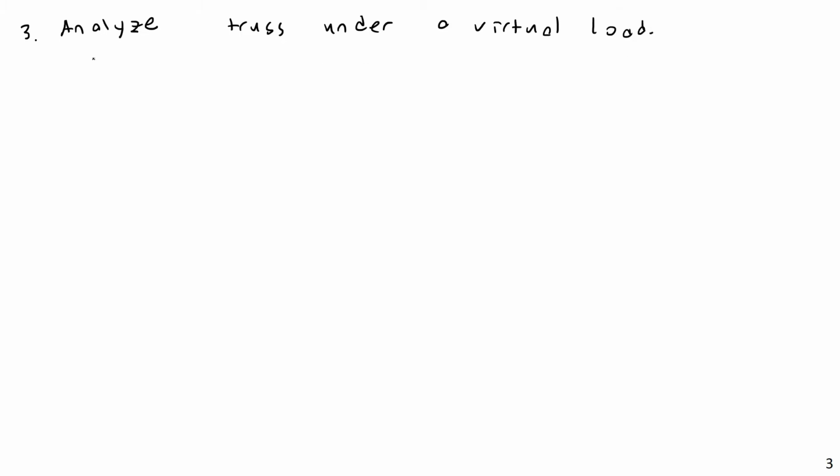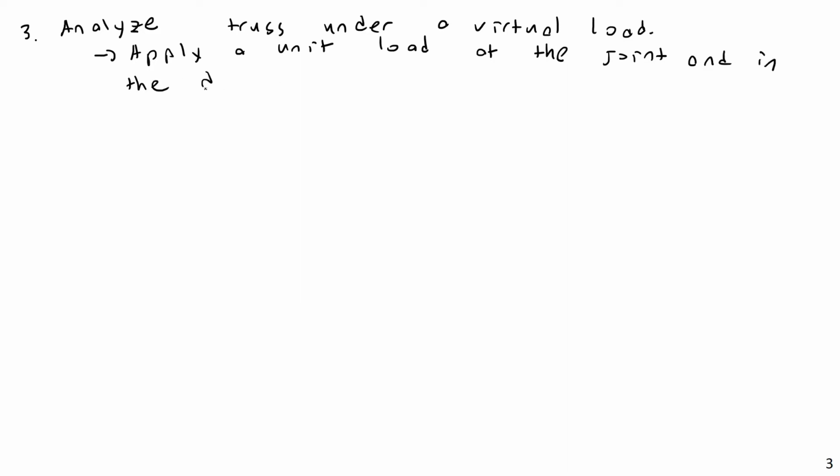And so what I'm going to do is I will apply a unit load at the joint and in the direction of the removed redundant, or just in the direction of the redundant support.